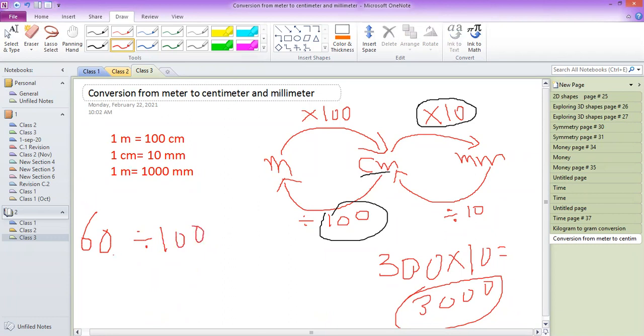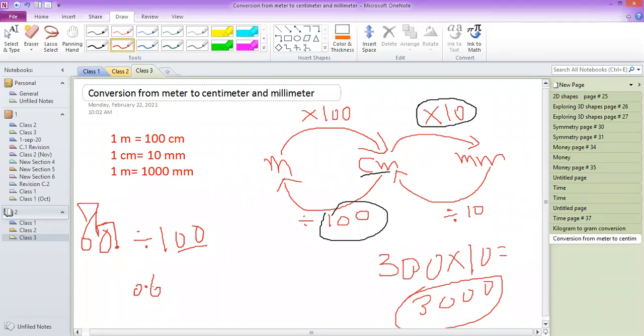So guys, dividing means the point is here, right? Dividing means to move the point to the left side. How many times? 2 times, because there are 2 zeros. One time it will be 6. 2 times it will be 0.6.